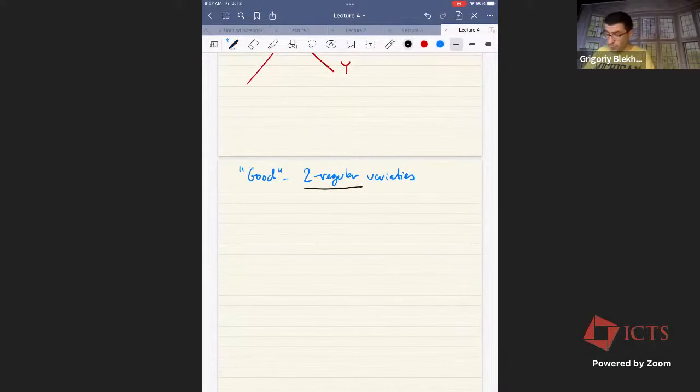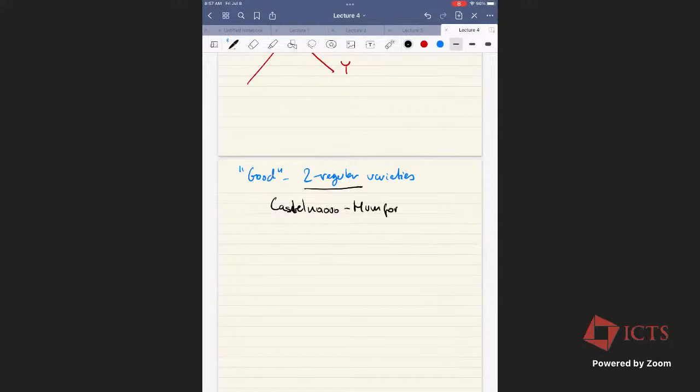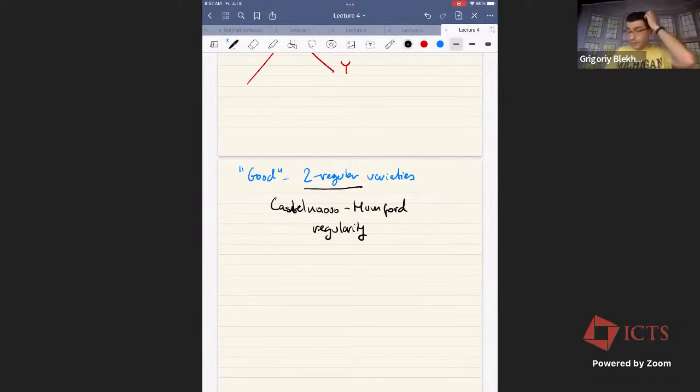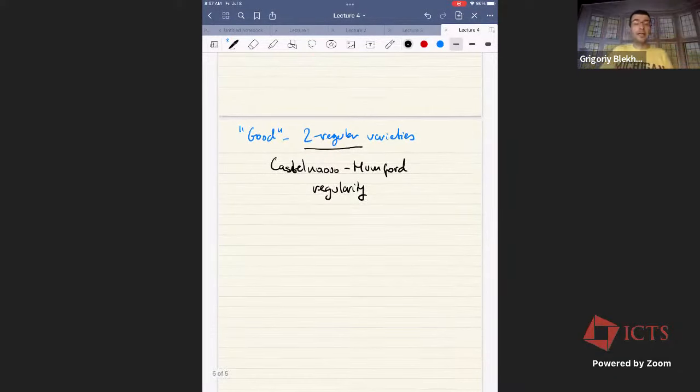Two regular refers to what is called Castelnuovo Mumford regularity. And I think that was exactly the condition in your chordal graph thing in your online archive notes, right? Yes, that's exactly right. So this referred to Castelnuovo Mumford regularity. That's exactly right. And so what is this?